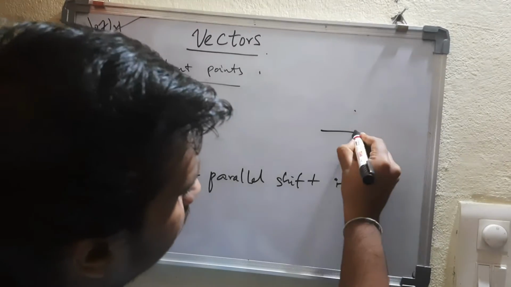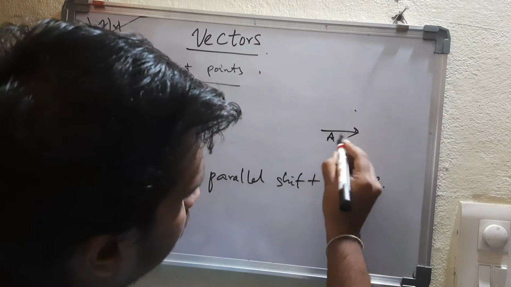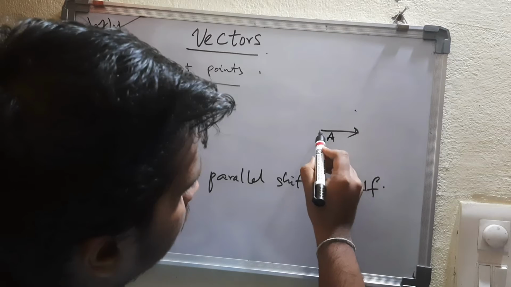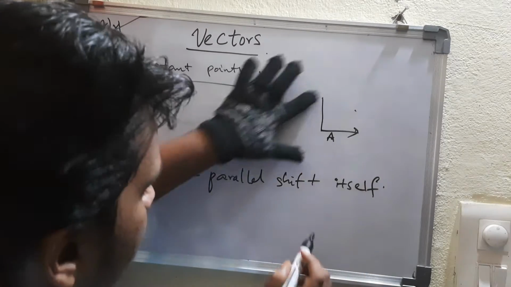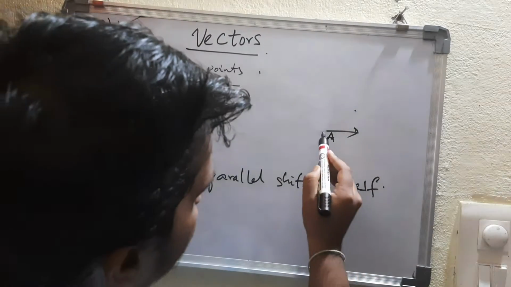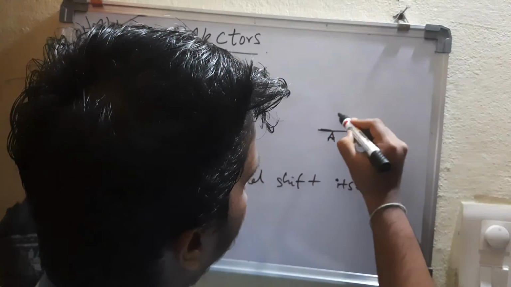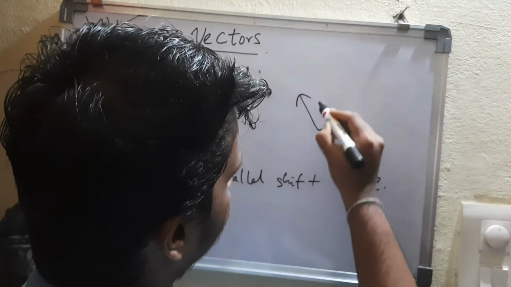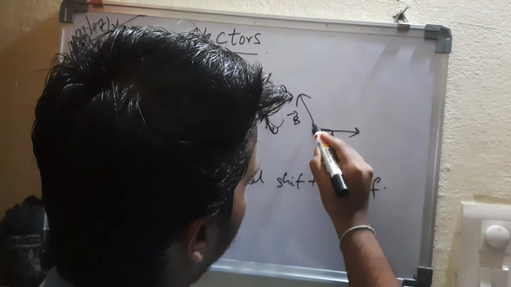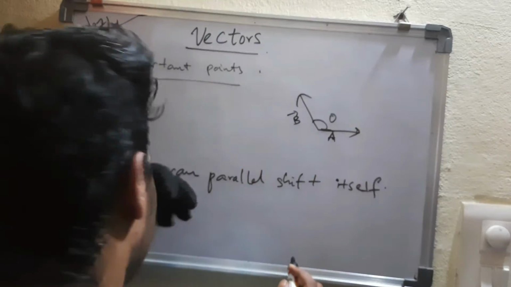This is a vector A, and this is a vector B having some angle theta, okay.